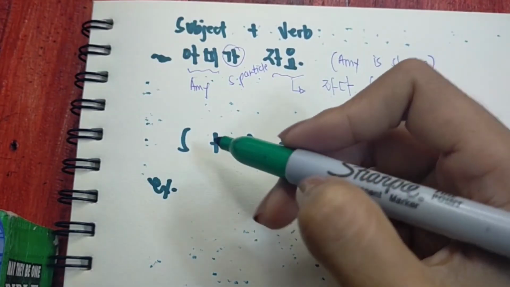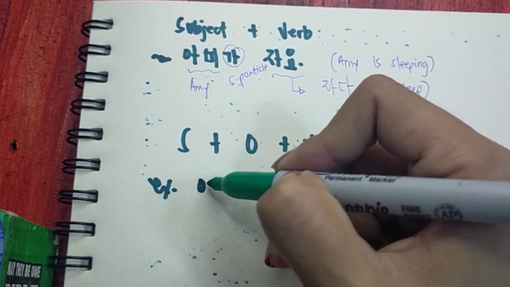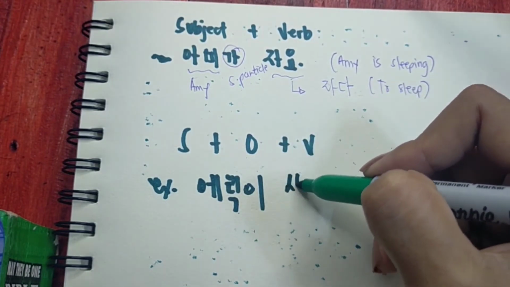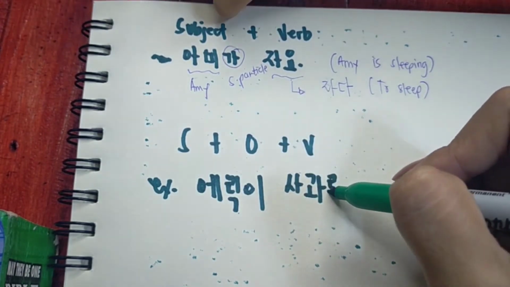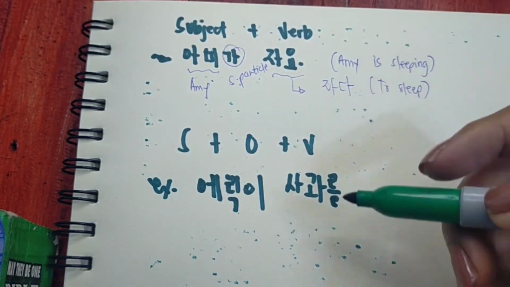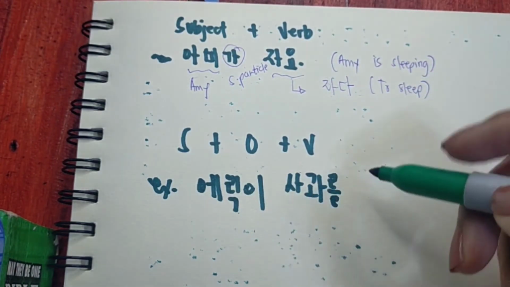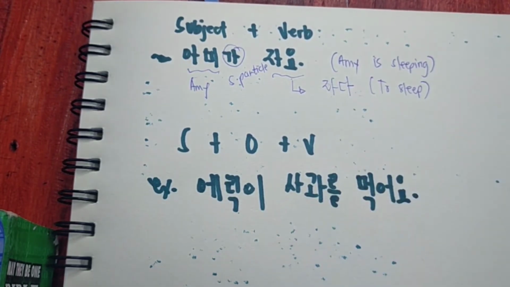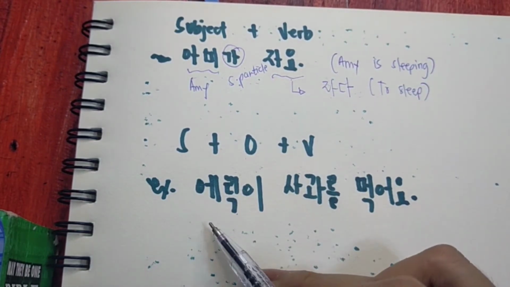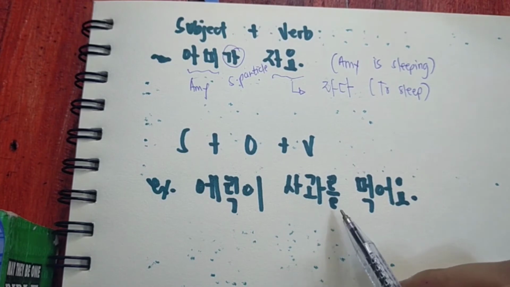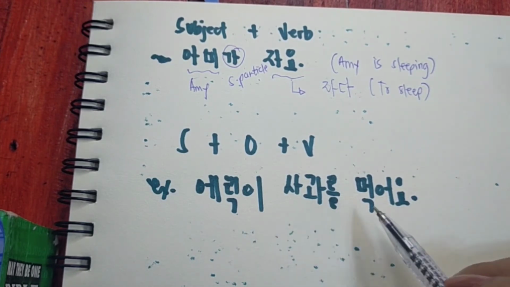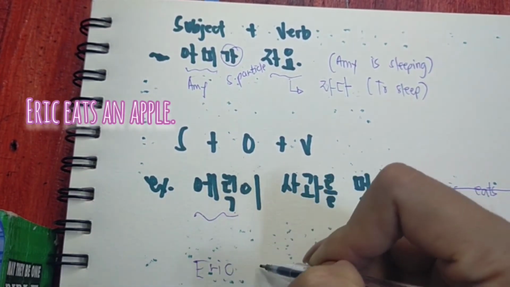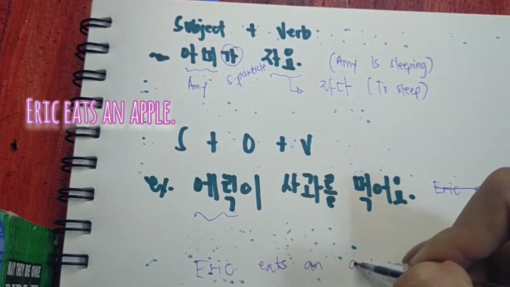Example: Eric-i sagwa-reul mogoyo. Eric-i sagwa-reul mogoyo means Eric eats an apple.